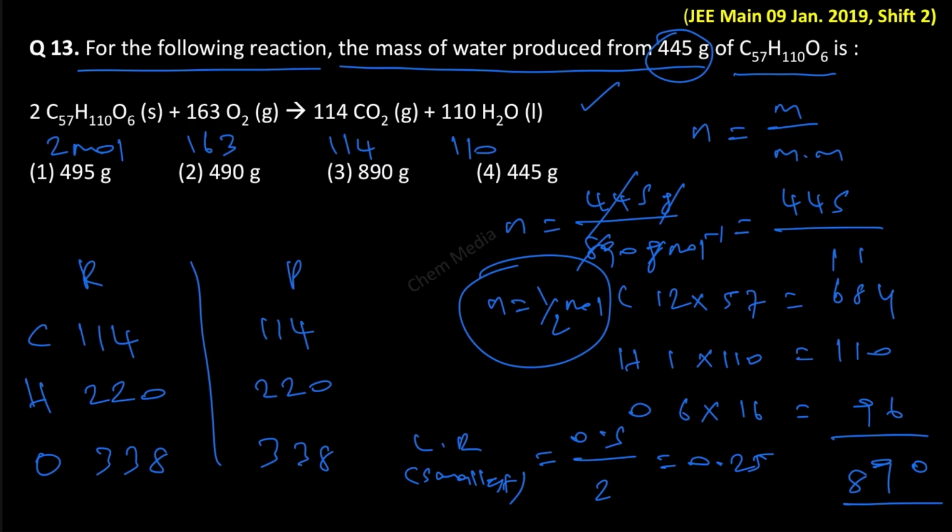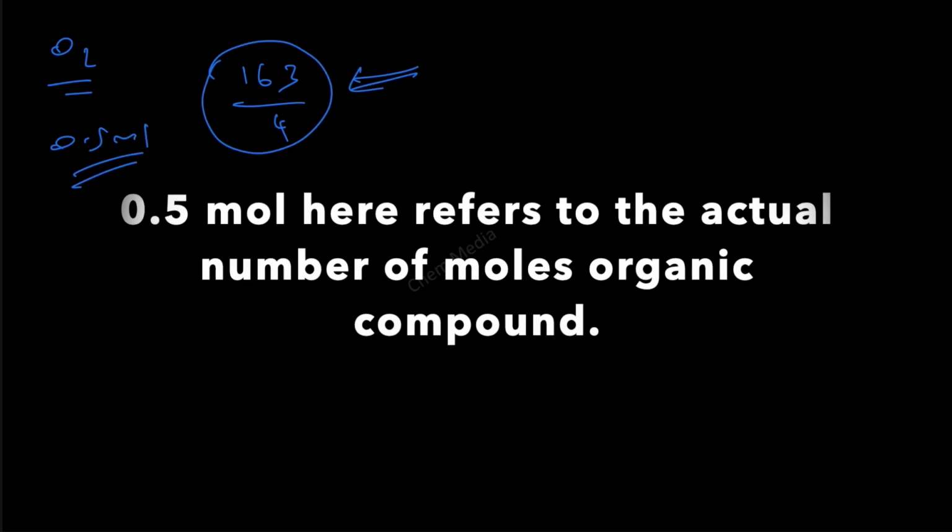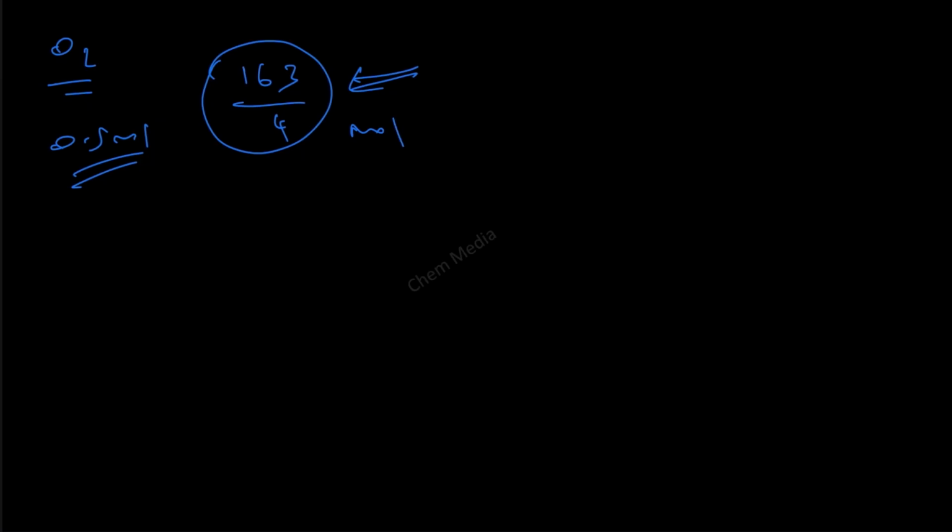We don't know how much O2 we actually have, but we can determine it, because it would be 163 divided by 4, isn't it? That is the actual number of moles of O2 required in order to complete the reaction. We definitely require 163 by 4 moles of O2.